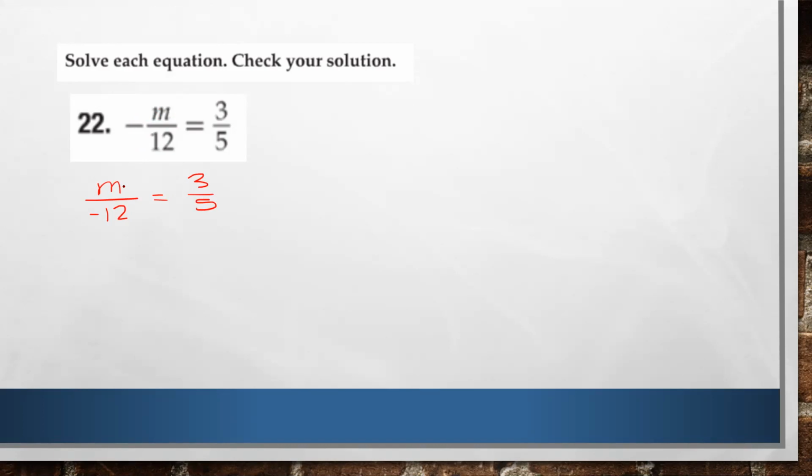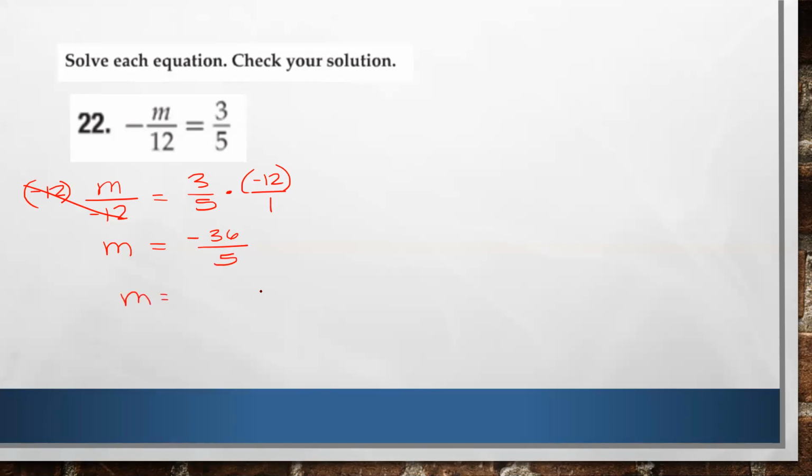So here, m is being divided by -12, so we want to do the inverse or the opposite operation, and we're going to multiply both sides of this equation by -12. So that would cancel this out, and we end up with m, and then we have 3/5 times -12 over 1. When you multiply fractions, you just multiply straight across. So 3 times -12 is -36, and 5 times 1 is 5. So this is an improper fraction.